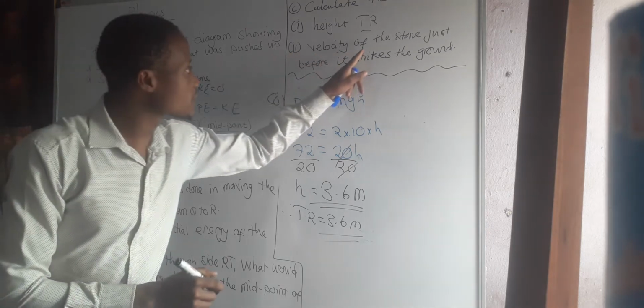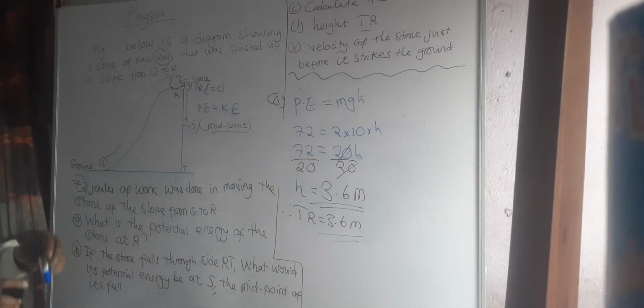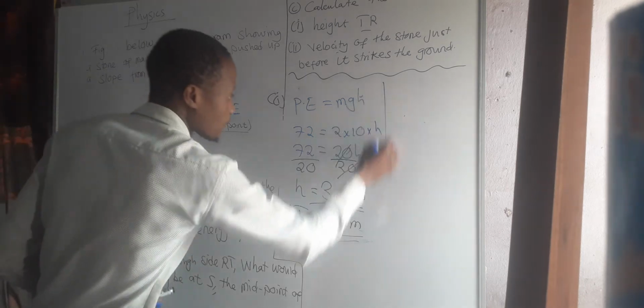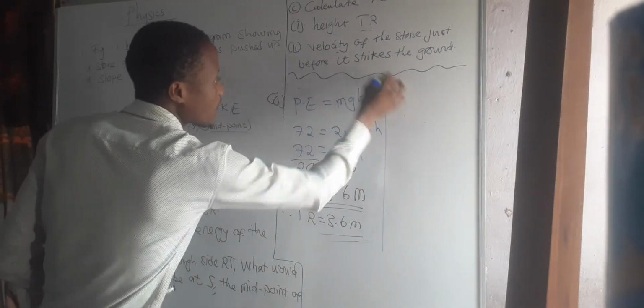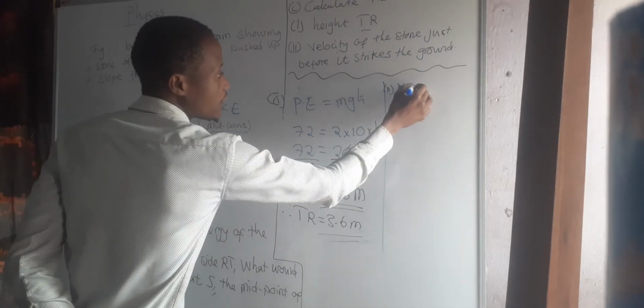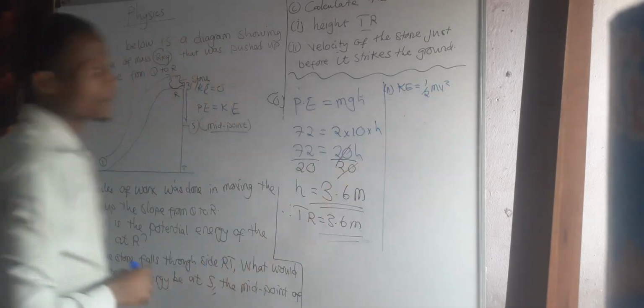Calculate the velocity of the stone just before it strikes the ground. So to find the velocity, we need to use the formula for kinetic energy. Kinetic energy is equal to 1 over 2 mass times the velocity squared.